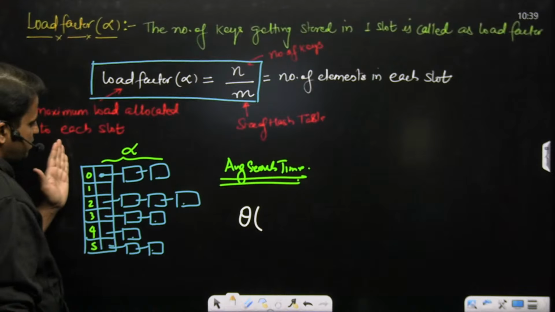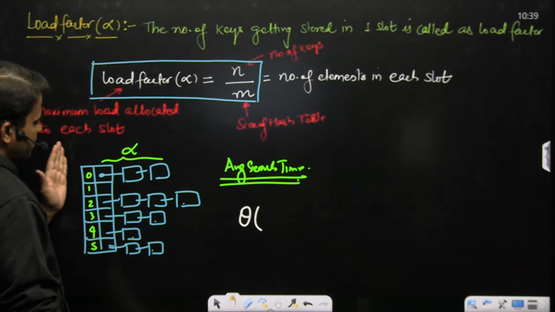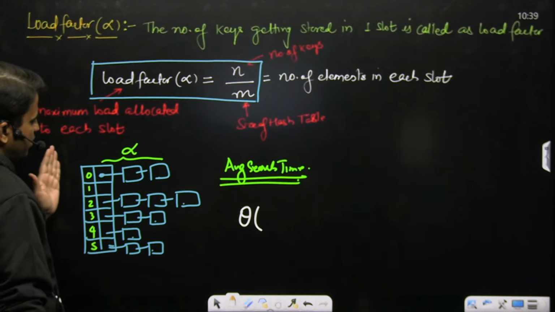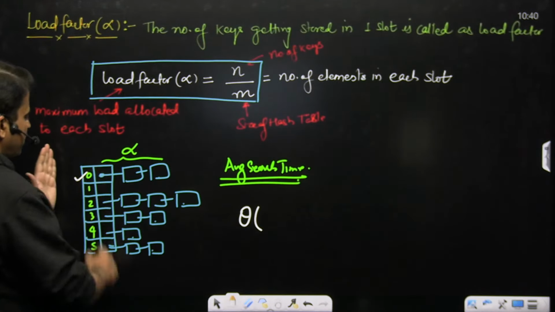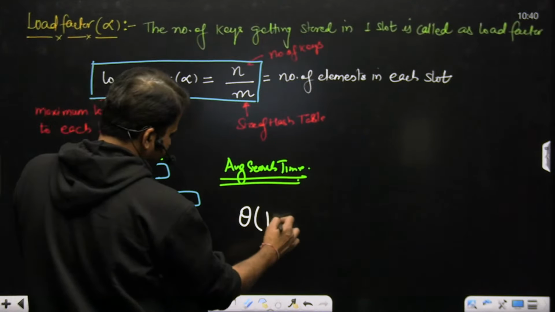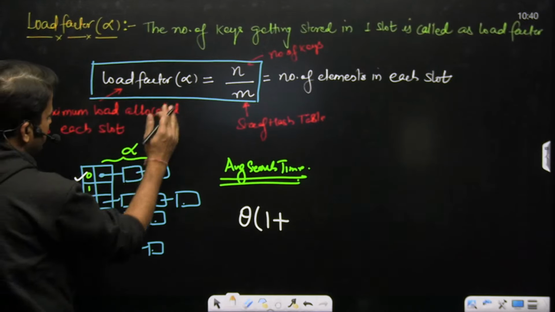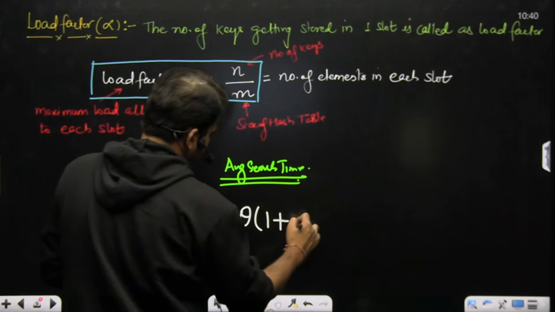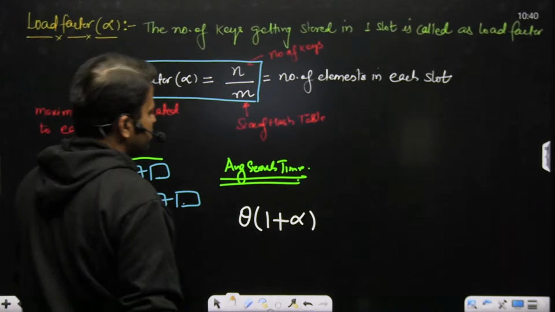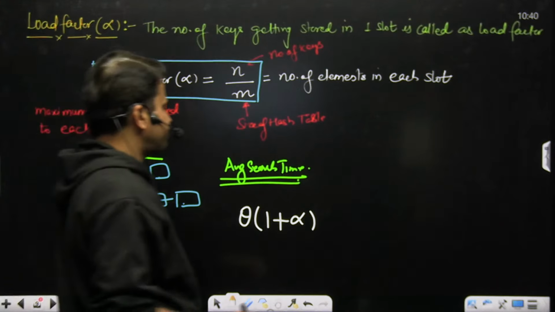The hash function is a mathematical function, so its time complexity is order of 1. You apply the hash function and get, sir, index 0. So that is the hash function's complexity. And on an average, how many keys are on every slot? Equal to the load factor, which is alpha. What is alpha? Alpha equals n by m. Here n is the number of keys and m is the size of the hash table.